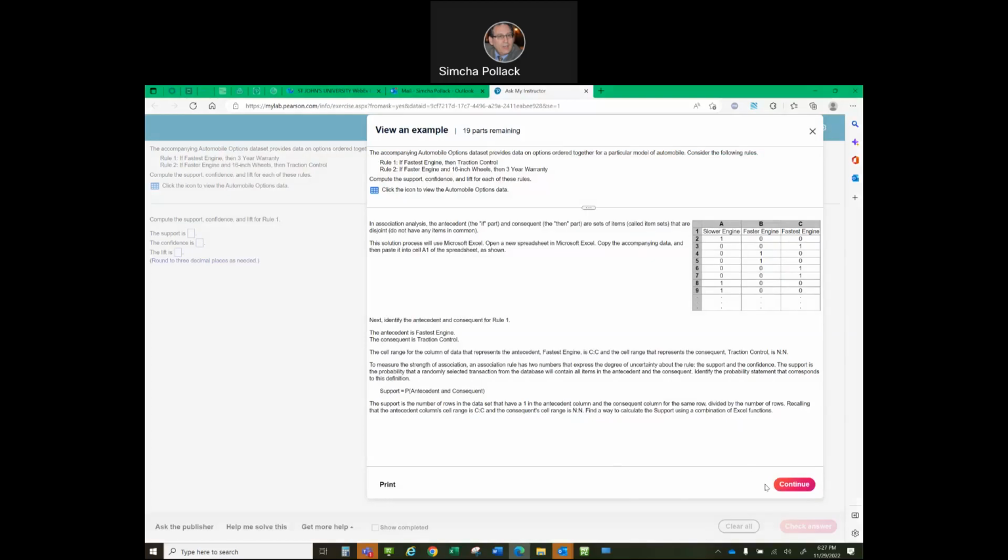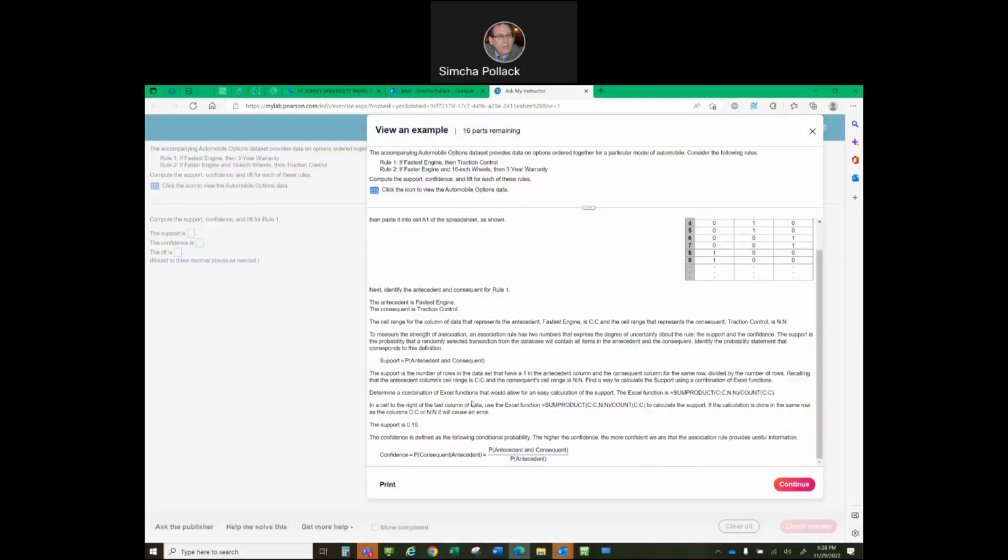Looking for ones in both columns divided by the number of rows. They use the SUMPRODUCT, like I just did, divided by the count. Instead of saying 50, I could have said count of the number of rows. The answer is 0.16. Oh, we're good.